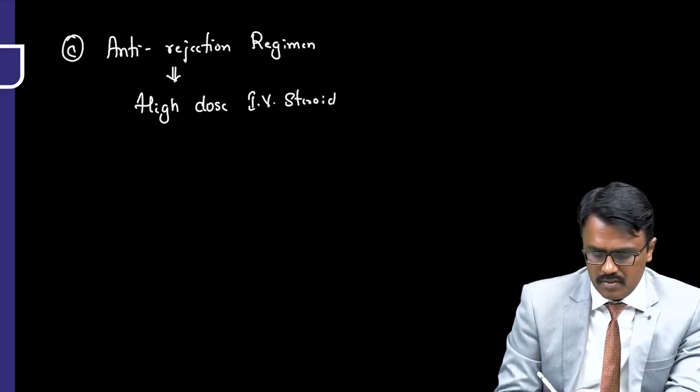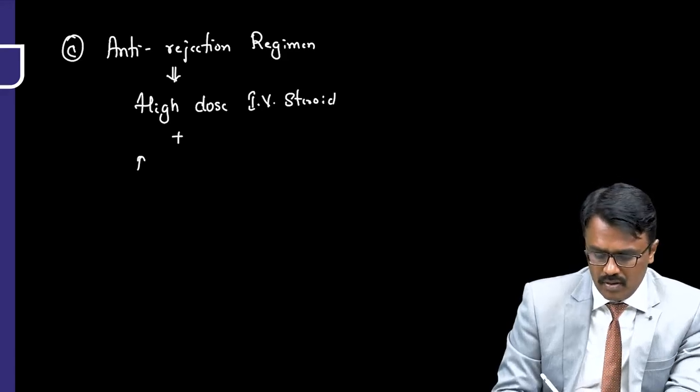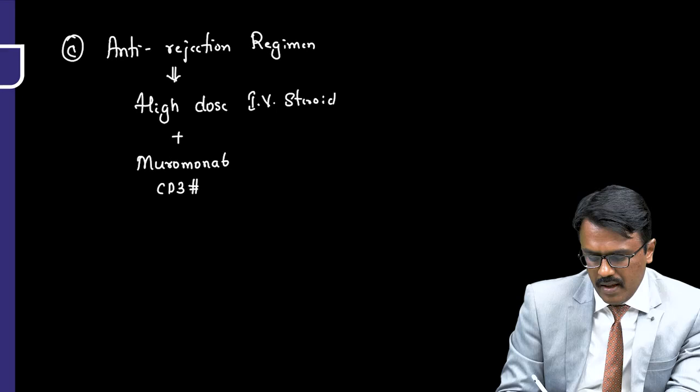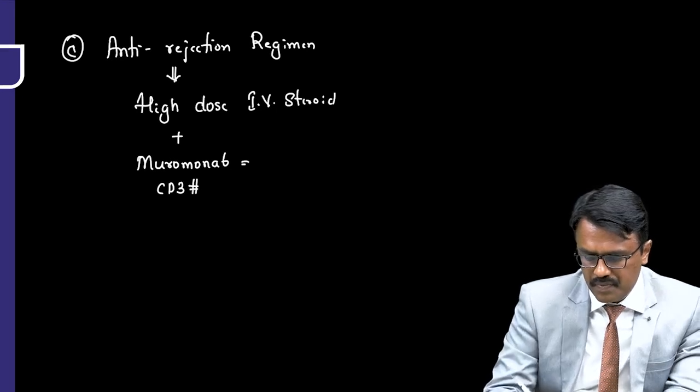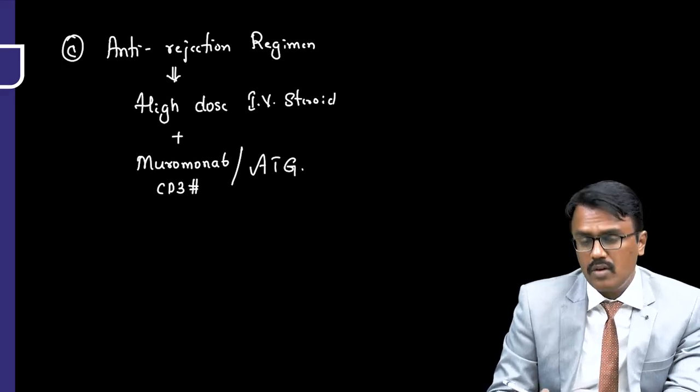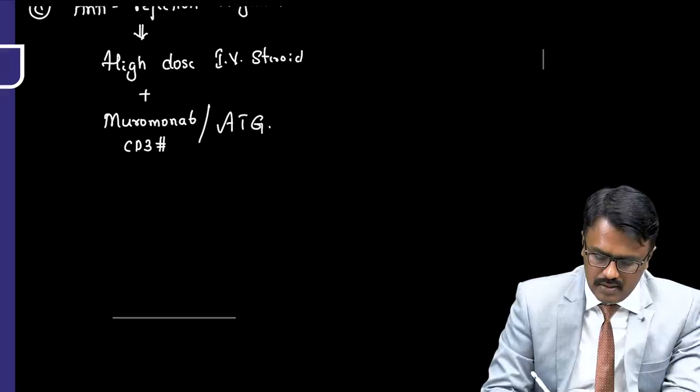If it is not controlled, we add something called muromonab. I told you about this drug. It's a CD3 blocker. If that is not going to work, we use anti-thymocyte globulin.